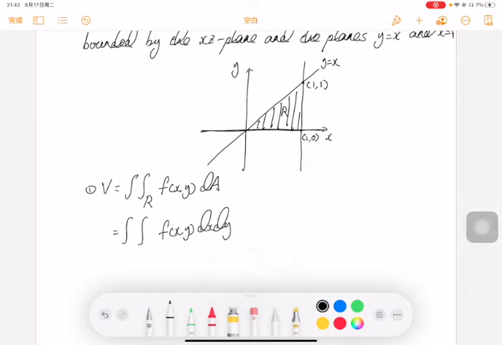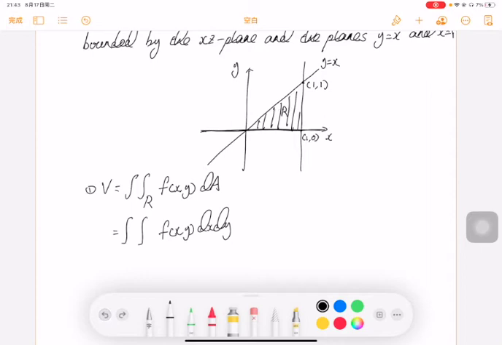If you integrate with respect to x, then it means you're going horizontally first and then vertically later. If you're going horizontally first, then for the inner integral, you need to find the left bound and the right bound. Now, if you look at the region R, you realize that the left bound is the straight line y equals x, because anywhere you're going horizontally from here to here, it's from y equals x to x equals 1.